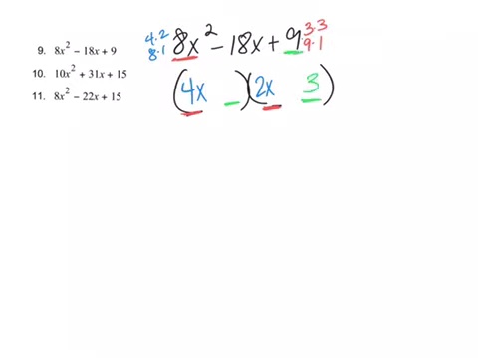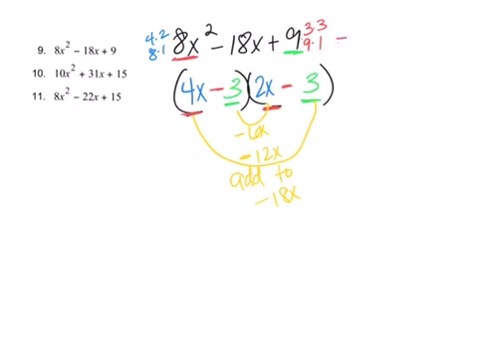So we get 3 and 3 possibly. And now we're going to check our outside and our inside. These need to add to -18x, and I'll deal with the negative sign in a minute. So I have 6x and 12x. If I need them to add to -18, they could both be negative. And that puts negatives on both of my 3's.